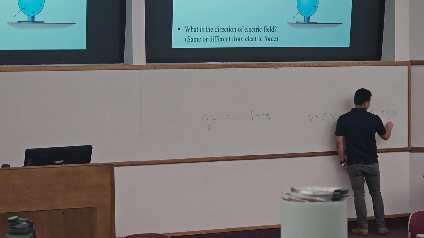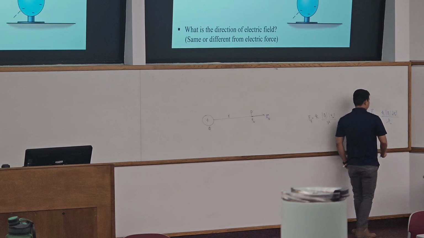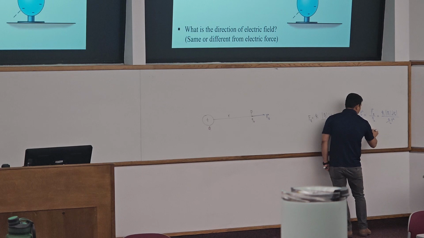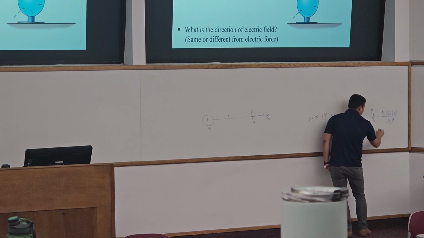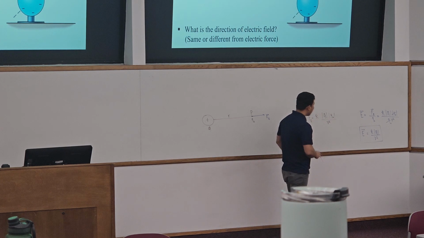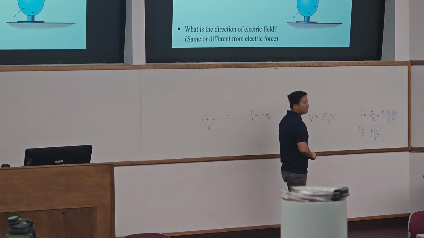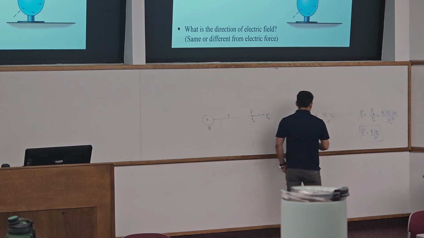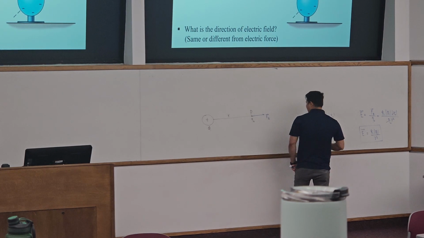The Q0 cancels out. So the electric field due to a charge Q at a distance r from the charge is given by this expression. And the electric field is a vector quantity.